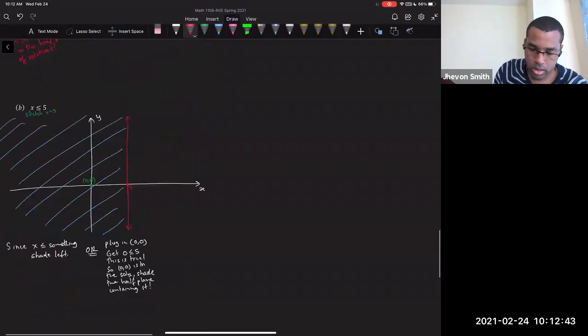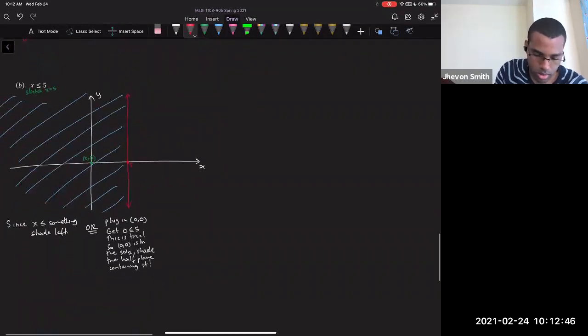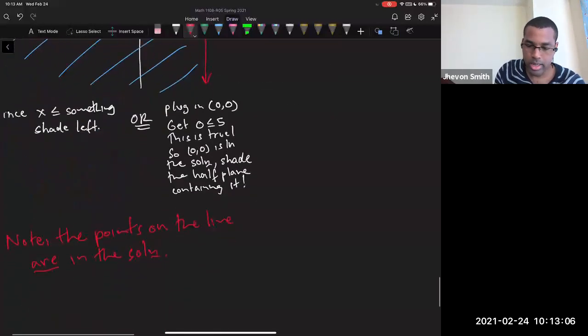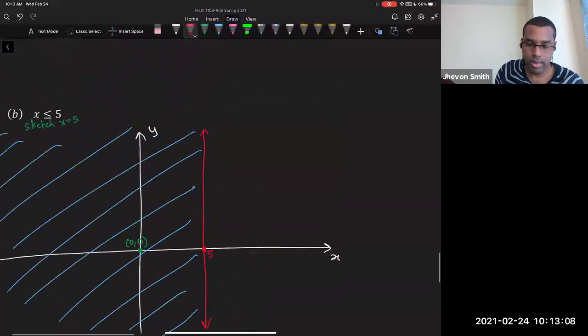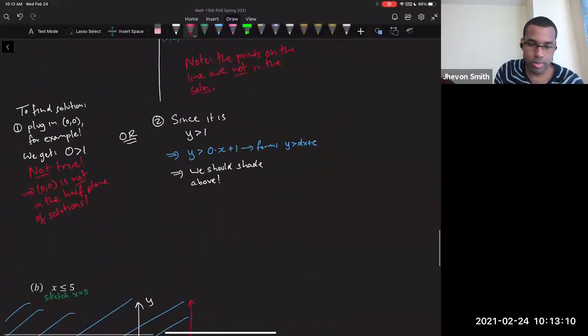Whereas here, note the points on the line, so the line itself, are in the solution. Right? So that's why I drew it as an unbroken solid line, right? They're in the solution. Okay. That's that.